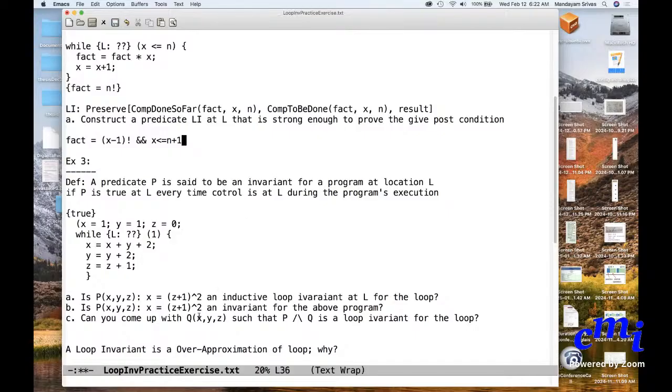Firstly, let me first explain the notion of an invariant, independent of a loop invariant. An invariant is any condition that holds good for the program.